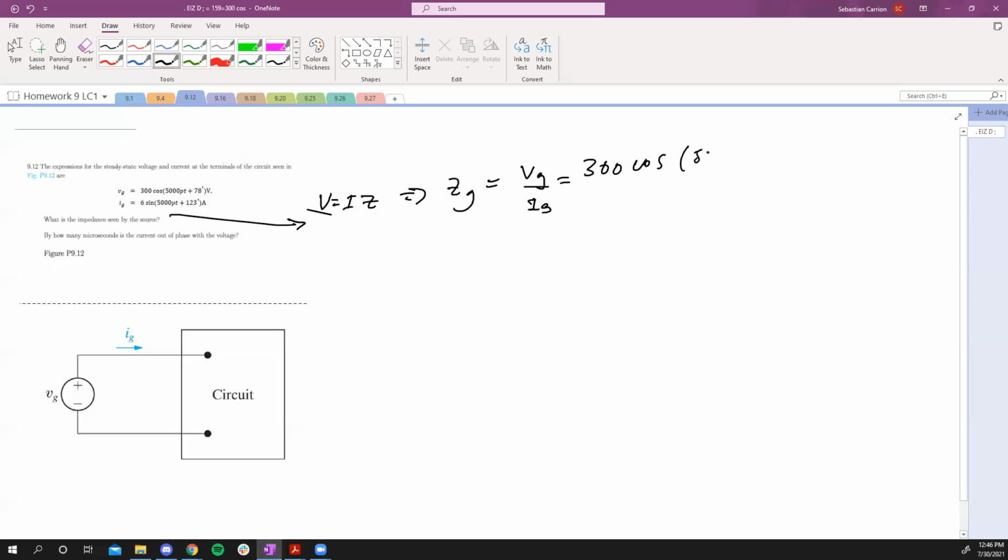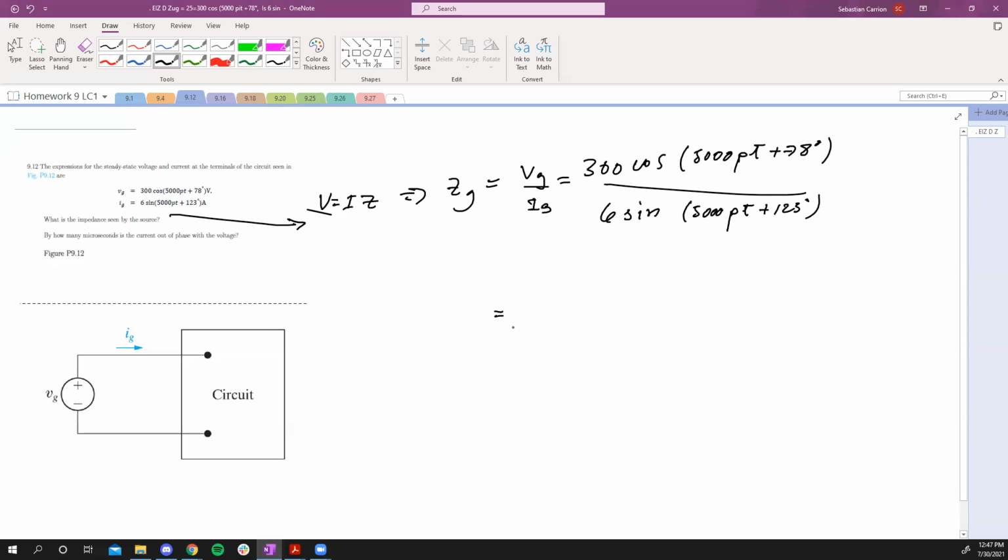300 cosine(5,000πt plus 75 degrees) over 6 sine(5,000πt plus 123). So we really can't, so you want to convert this sine to cosine.